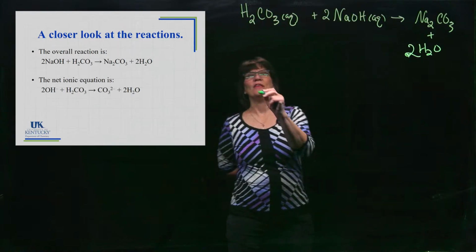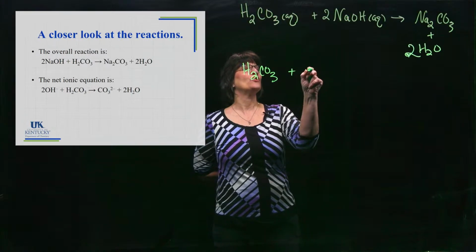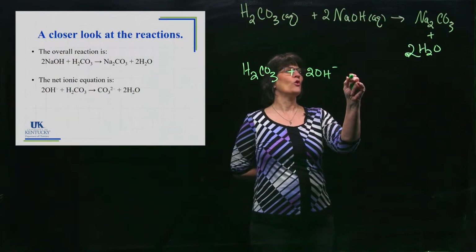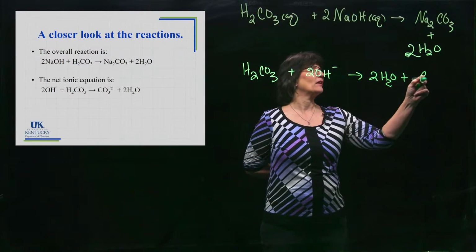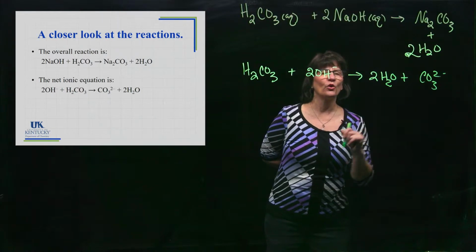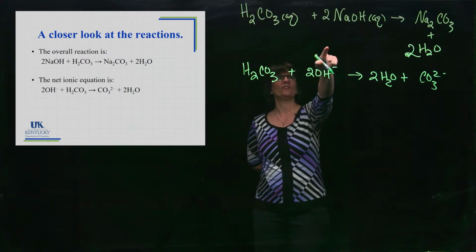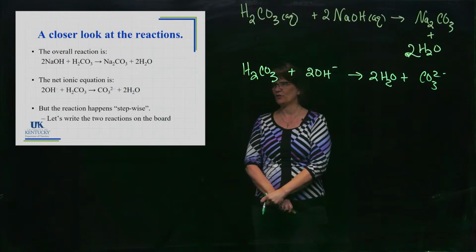So really, the carbonic acid is reacting with 2 of the hydroxides, and we are ending up forming 2 waters and the carbonate ion. Okay, so that would be the net ionic equation occurring because the sodium ions are simply spectator ions that are just floating around in solution.